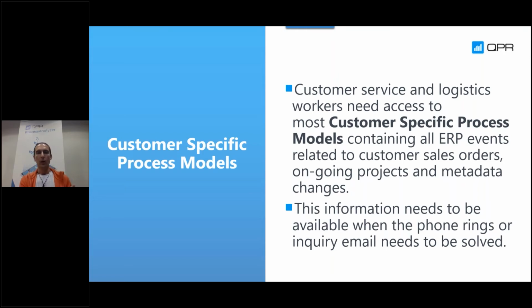So you can see that, oh, all of the other cases are going to this country, but now this one case is going to the wrong country. There's something wrong in the metadata, or the metadata is changed, and yes, indeed, it is now going to the right direction. So this extends the usage of the process mining analysis into more operational needs when we have the ability to do real-time process models.